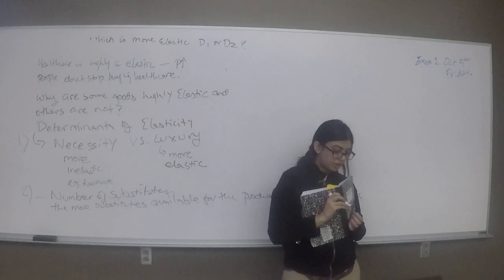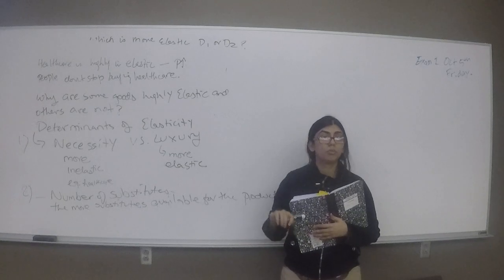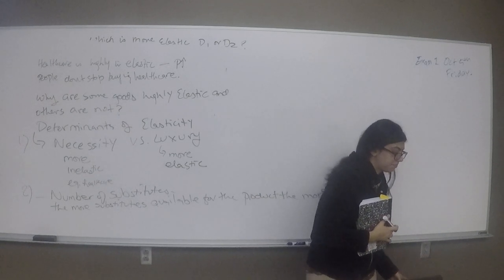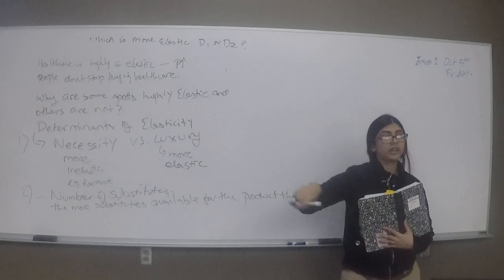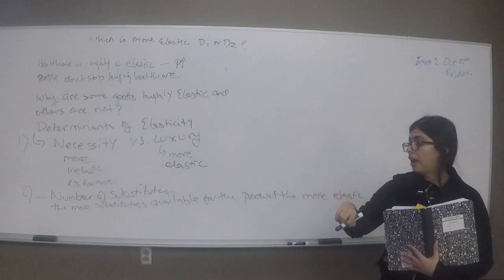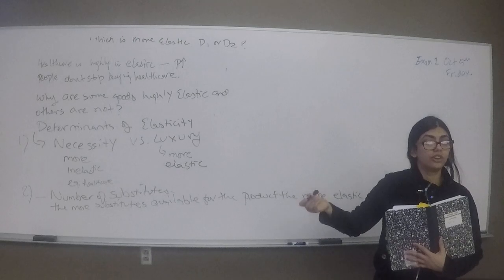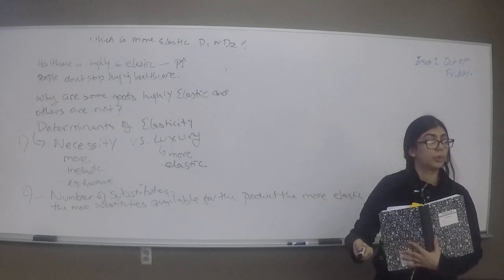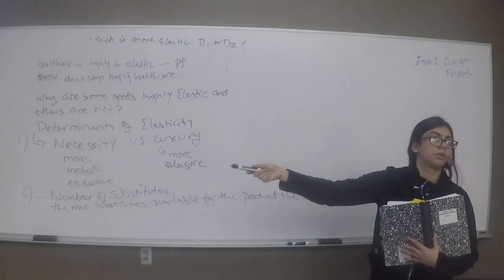So if you have alternatives and other options available, you will be more elastic, more responsive to change in price, right? Like a gas station: if there are 10, 20 gas stations on the street and one is charging a very high price, then you're gonna go to the other one, right? You're gonna be very responsive to it. Why? Because you have other options available. You have other substitute gas stations available.